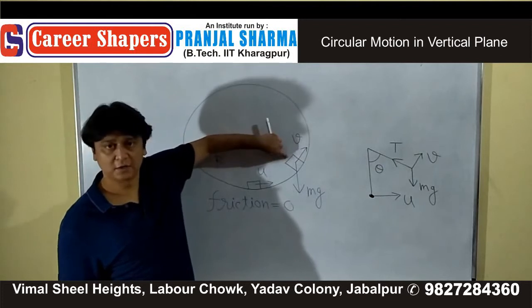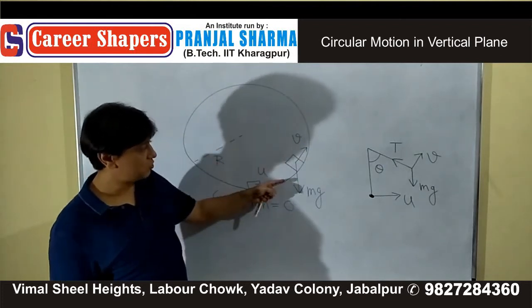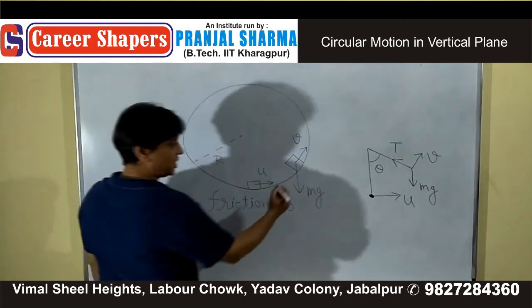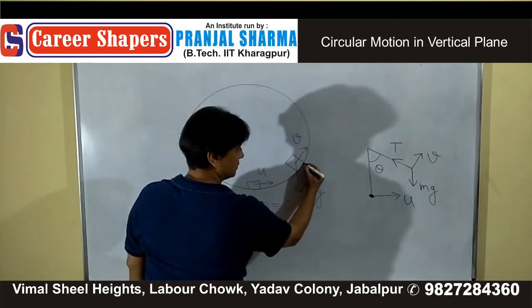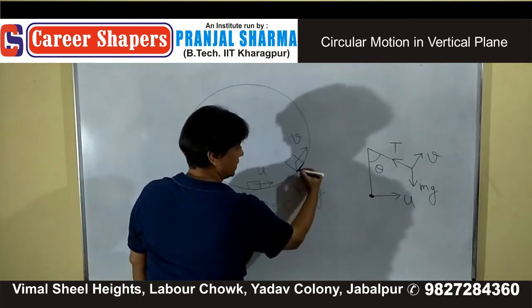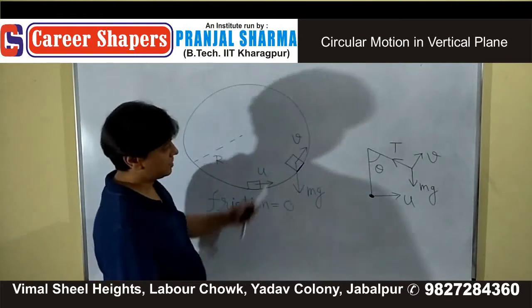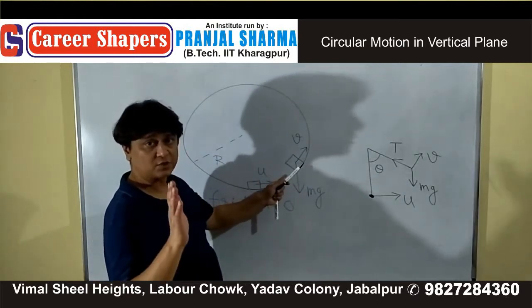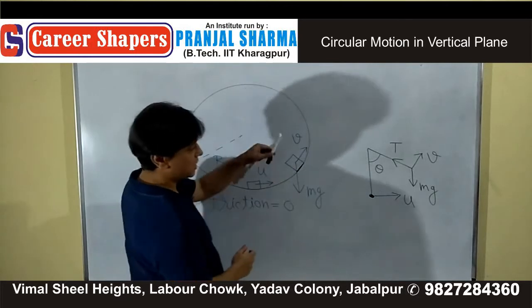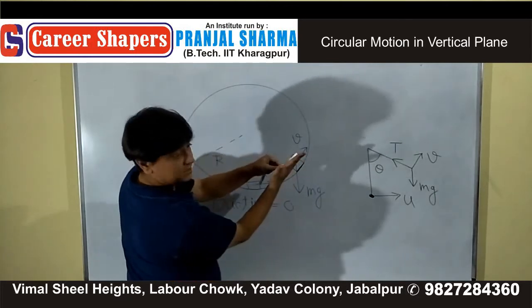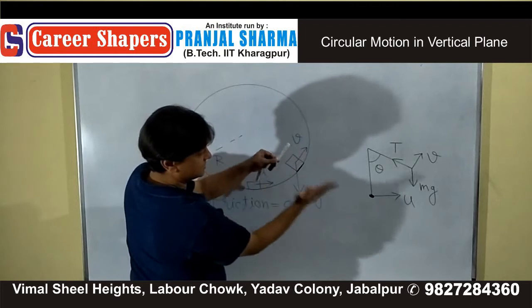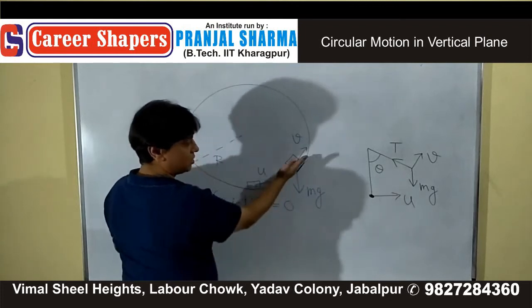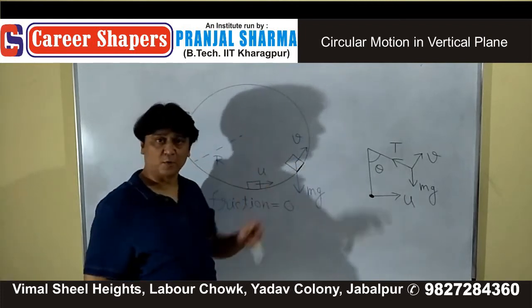This object and the circular track, this is the contact surface. And we know that at the contact surface there always acts a normal reaction force. The normal reaction force acts perpendicular to the contact surface and towards the body.